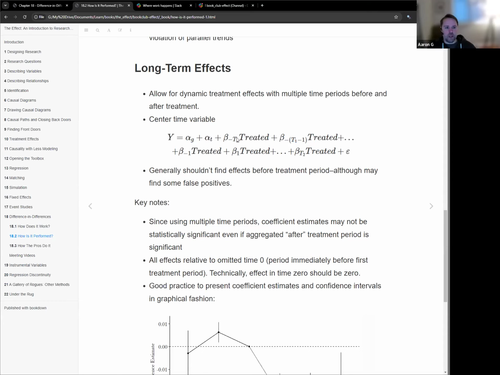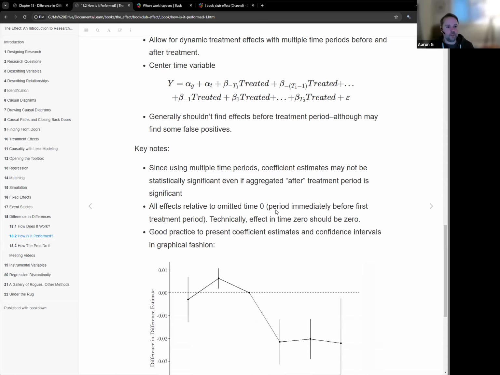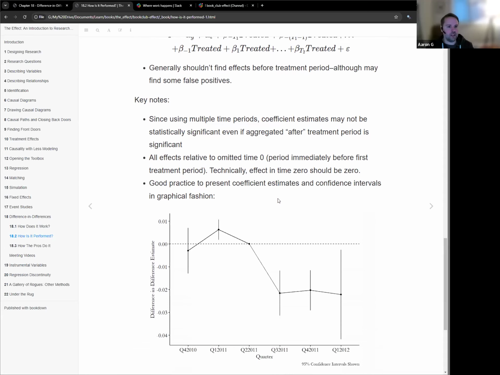However, we could have essentially dummy variables for different periods, both pre-treatment and post-treatment. An important thing here is there is a reference level that doesn't explicitly get modeled here, and what they're suggesting is that the period immediately before treatment would be your time 0. And then, right, time 1 would be the period immediately following treatment. Period 2 would be 2 periods post-treatment, and a -1 would be essentially 2 periods prior to treatment, etc.